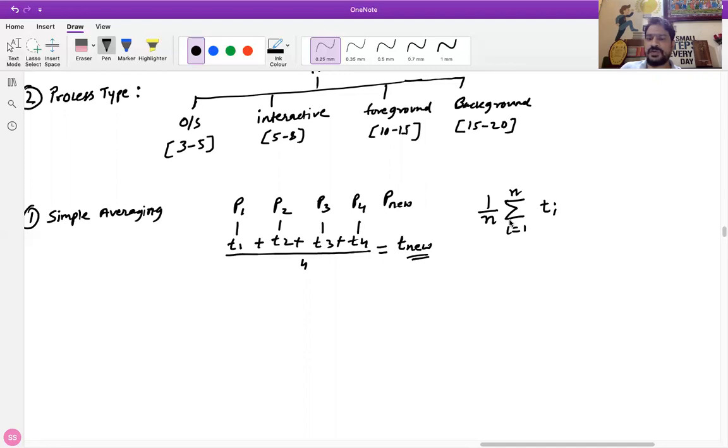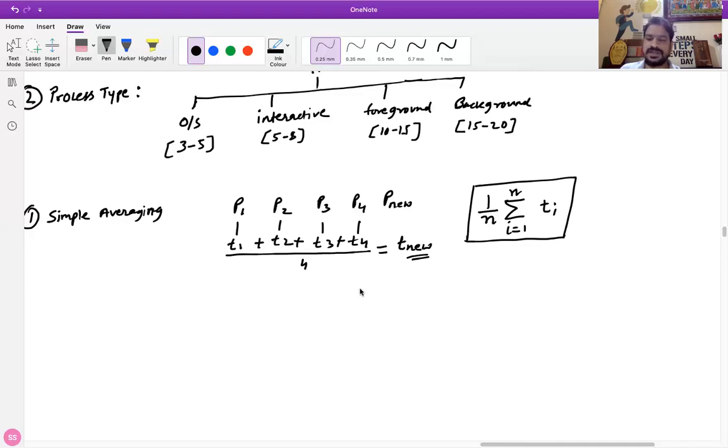So i goes from 1: the first process takes t1 time, the second process takes t2 time, then third, then fourth, up to n. It will be divided by n. This will give you the burst time for the new process, but it also does not give you an approximate or near-about solution.